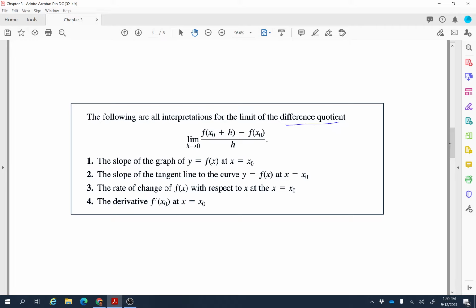This expression is called the difference quotient, and if the limit of this difference quotient exists, then we can say that the slope of the graph of y equal f of x at x0, the slope of the tangent line to the curve y equal f of x at x0, the rate of change of f of x with respect to x at x0, the derivative f prime at x0. All these things are the same thing. Either you say rate of change, or derivative, or slope of the tangent line. All of them are the same thing.